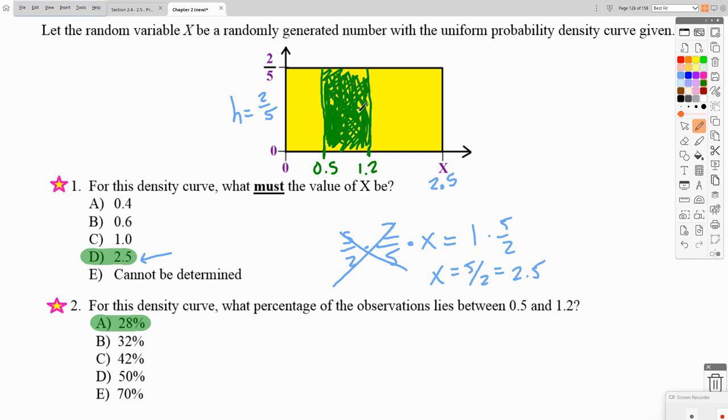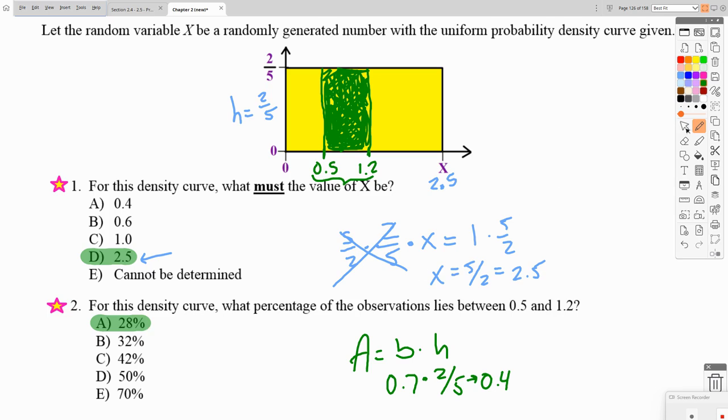So I'm still going to do base times height. Now what's nice is the height is still 2/5 or 0.4. But the base, how much distance is there between 0.5 and 1.2? Well, there's 0.7. Now, this makes a little bit more sense if I call 2/5 0.4, so that if I do basically 70% times 40%, that would give me 28% altogether.